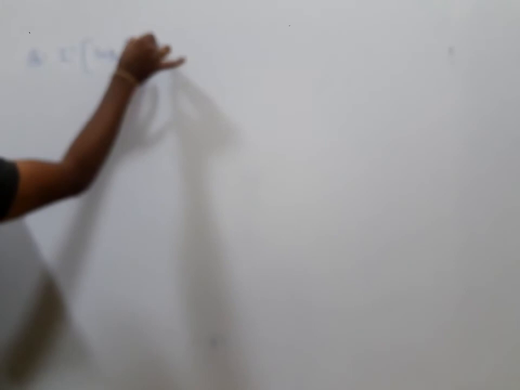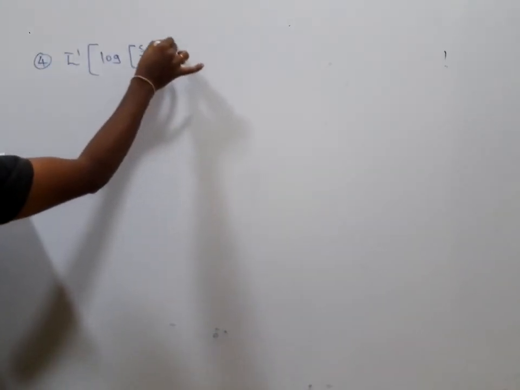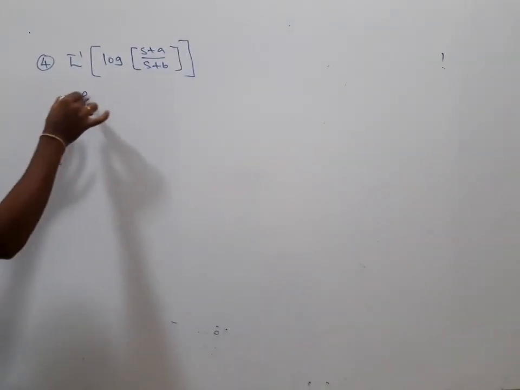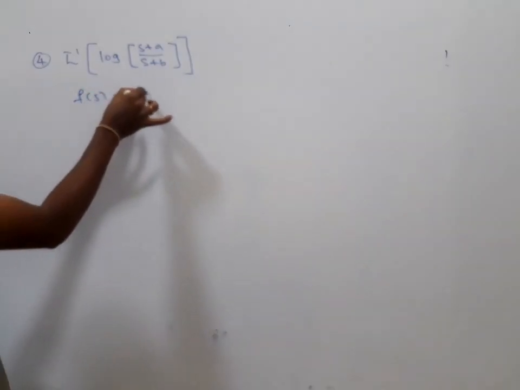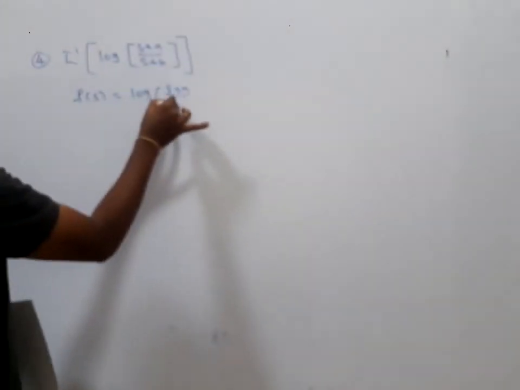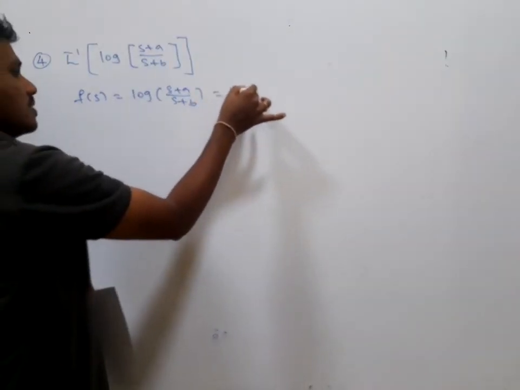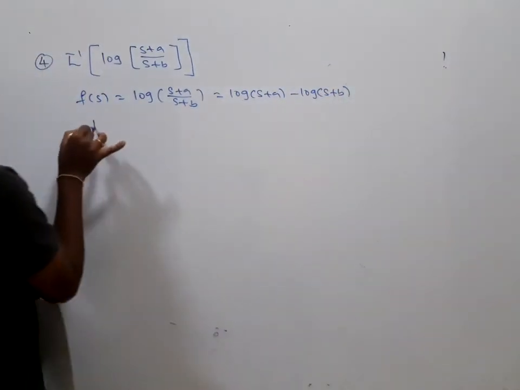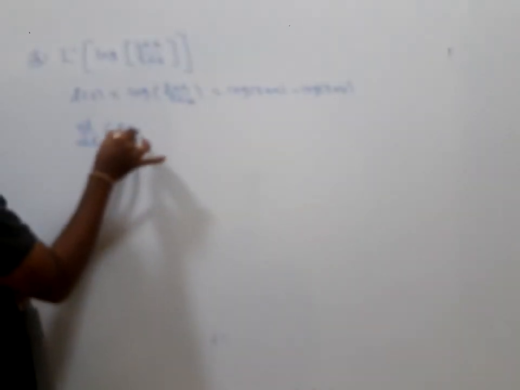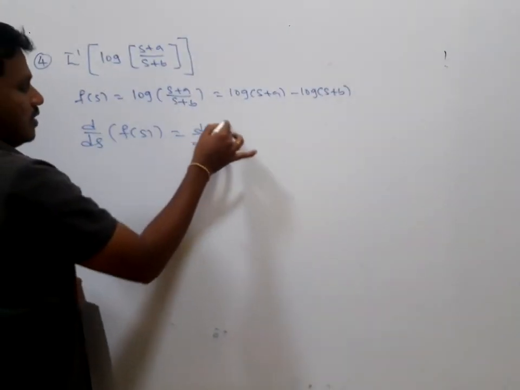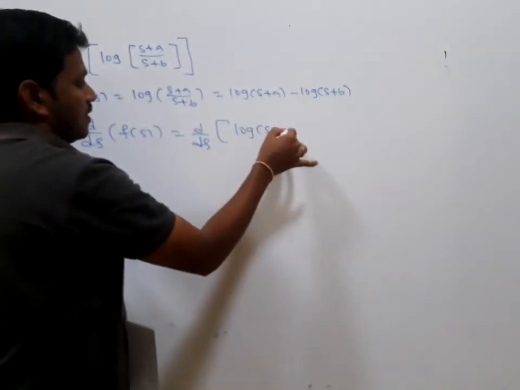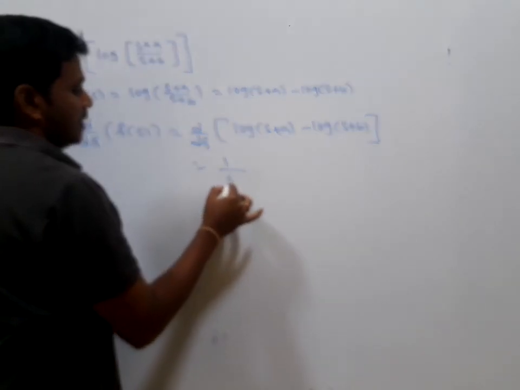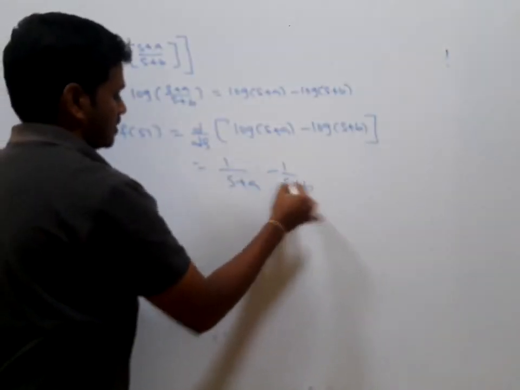The same way we complete it. What are we taking here? f of s is equal to log of s plus a divided by s plus b, which is log of s plus a minus log of s plus b. So d by ds of f of s is 1 divided by s plus a minus 1 divided by s plus b.